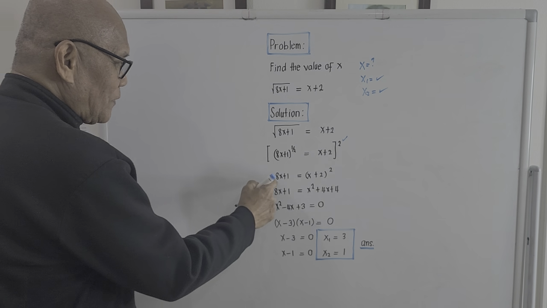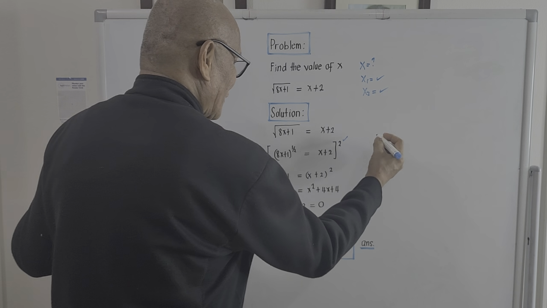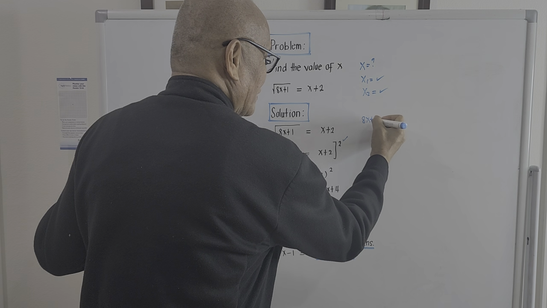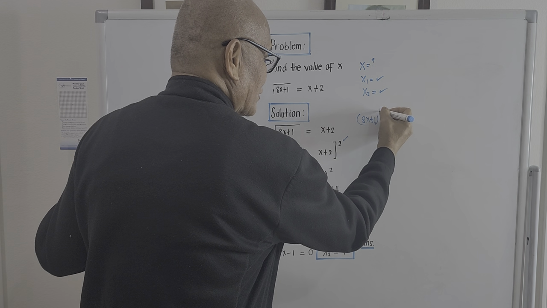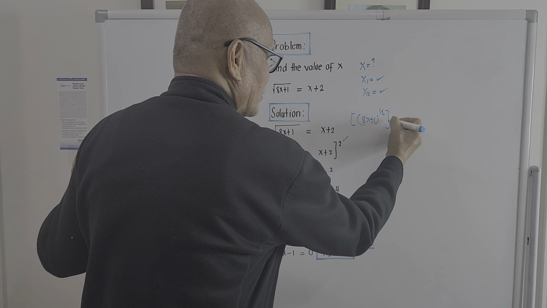If we try to simplify the left hand side, it will become something like this: 8x plus 1 raised to the 1 half, raised again to the second power.